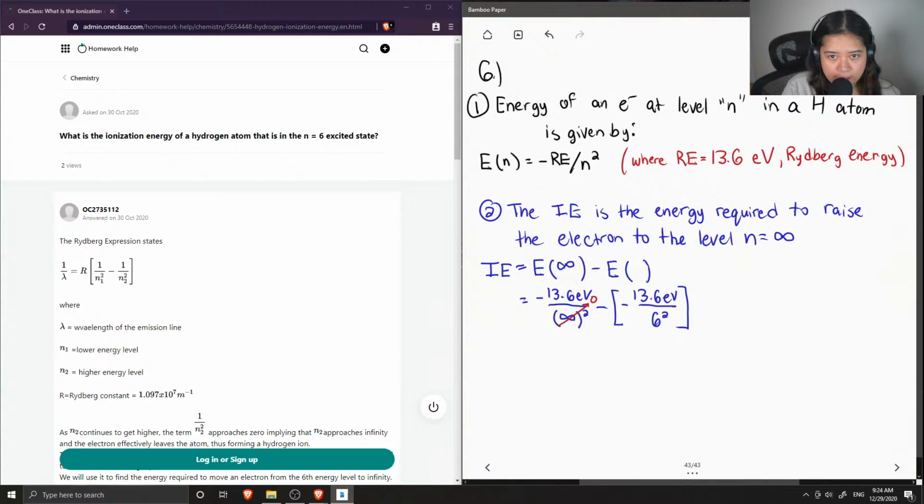So I'll just change this to level 6. Since that whole part of the equation goes to 0, this simplifies our work because now we're just left with positive 13.6 eV divided by 6 squared.